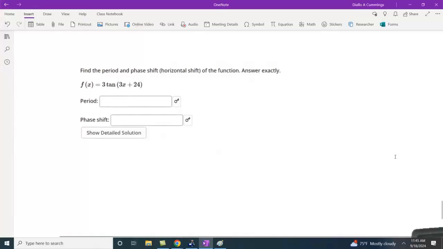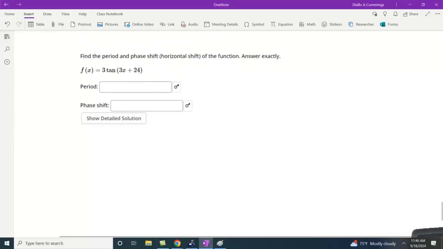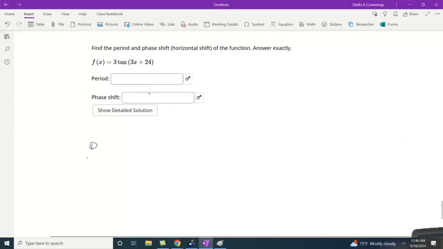We're asked to find the period and the phase shift, which is the horizontal shift of this function. If you're dealing with a tangent or a cotangent, the period is pi over b.